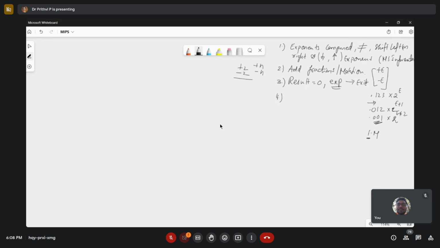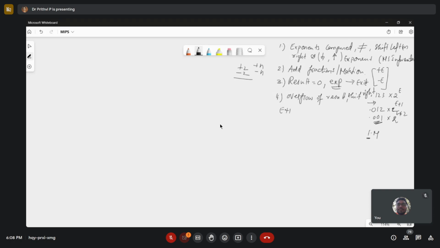That means you have to do the right shift operation and adjust the exponent. So if there is overflow of the result, then shift towards the right, then add 1 to the exponent.